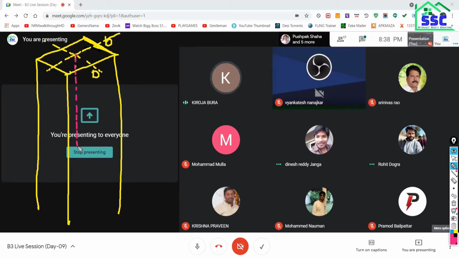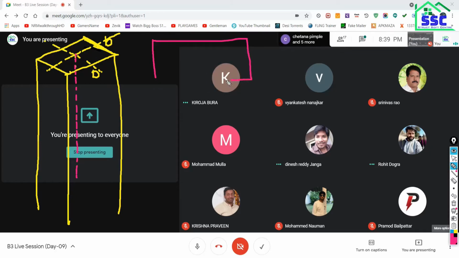If your column is subjected to a concentric load or point load exactly at this point, passing along the centric longitudinal axis of your column, then that column we are going to call what?